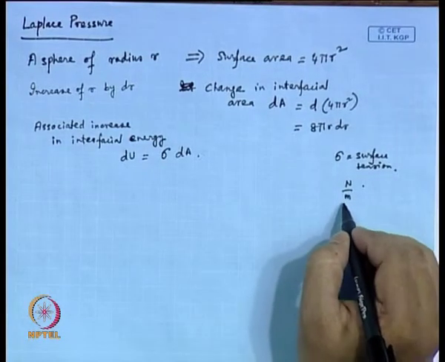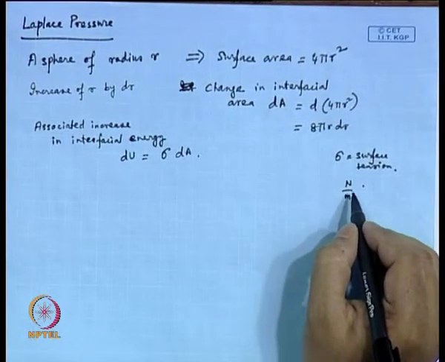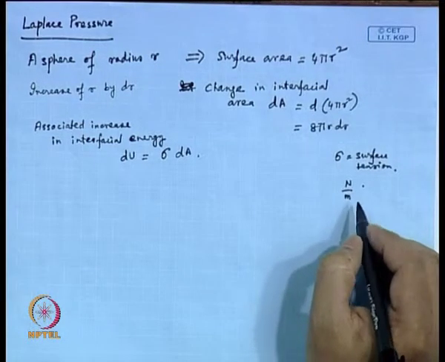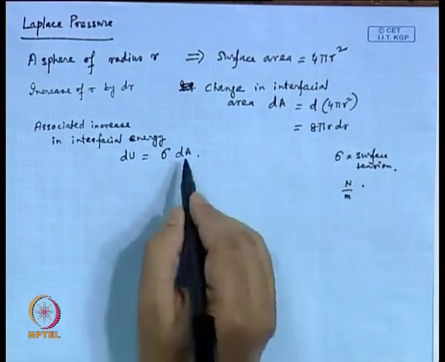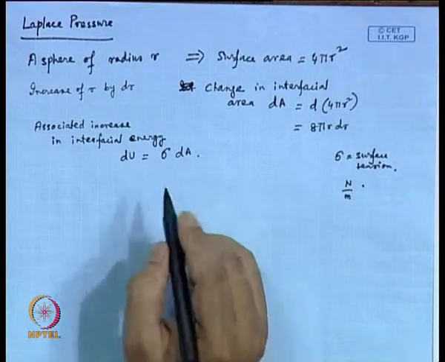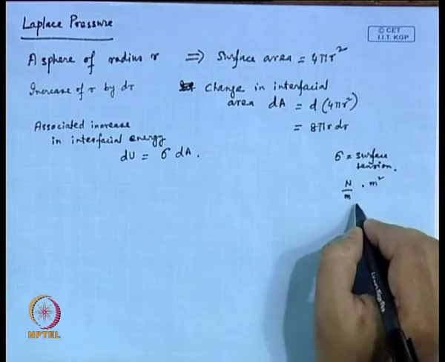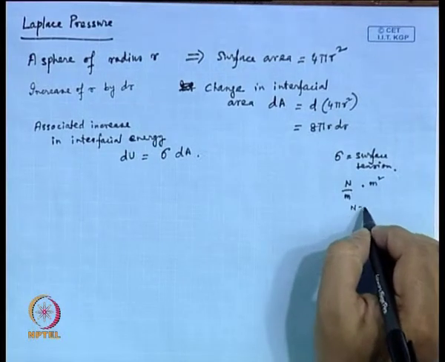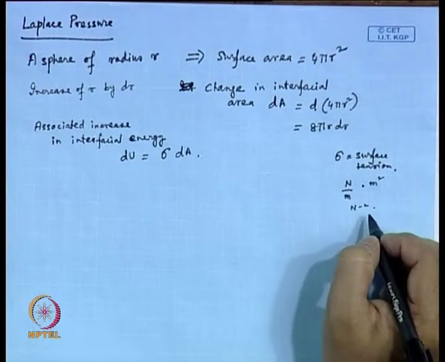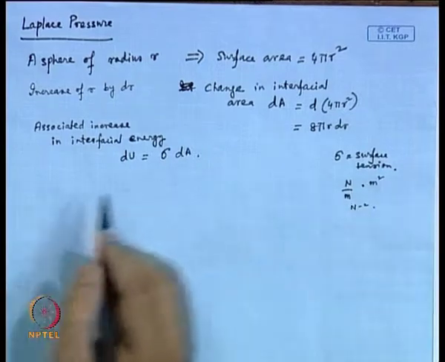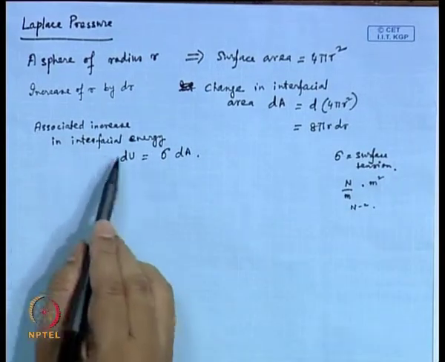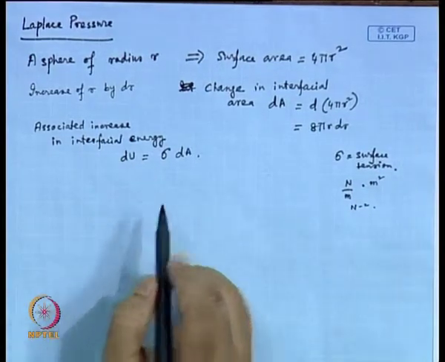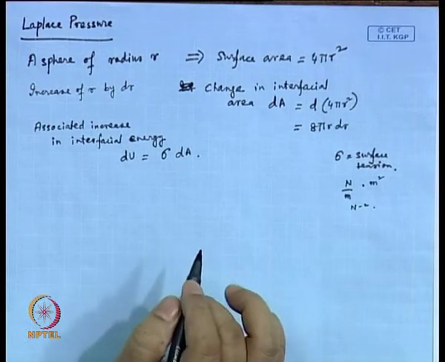Newton per meter, you are multiplying it with dA, which is an area term, meter square. So essentially what you are getting is Newton meter. Newton meter is the force into displacement. So that is the energy. So the associated increase in interfacial energy can be given by dU, which is equal to sigma dA.